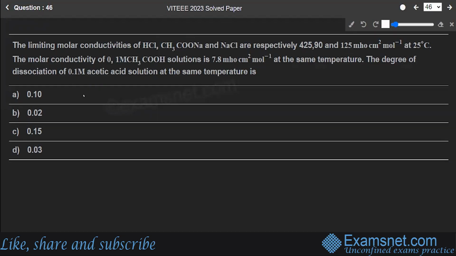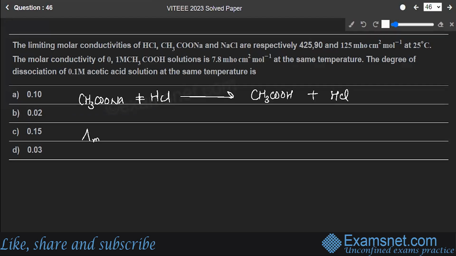First, let's consider this reaction. You have CH3COONa with HCl. It gives you CH3COOH plus HCl.